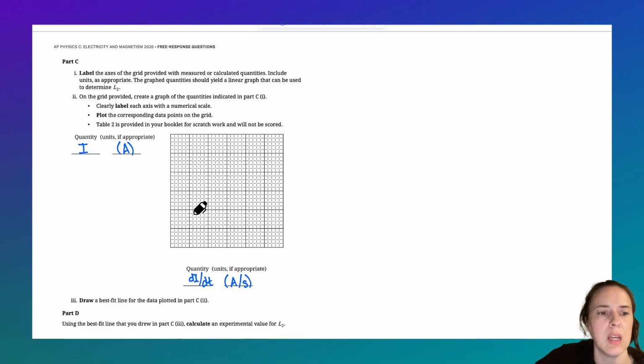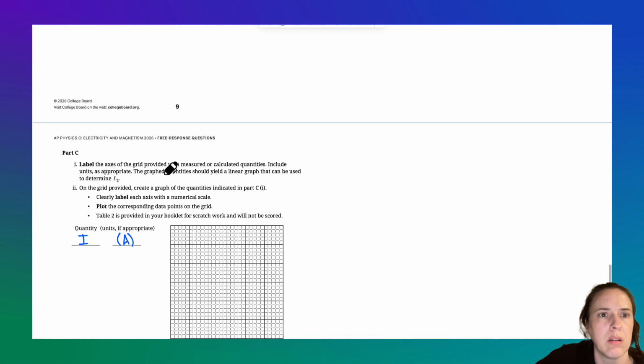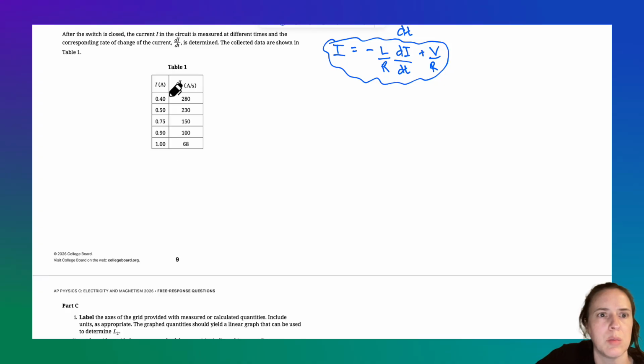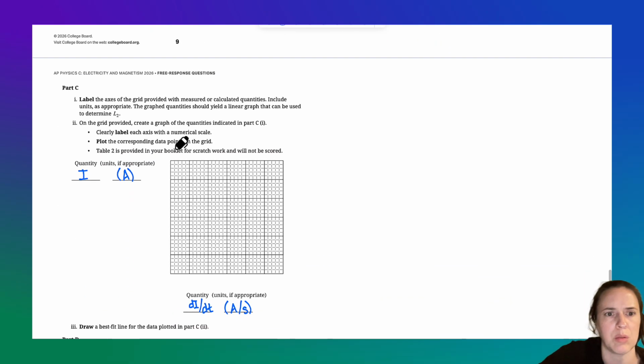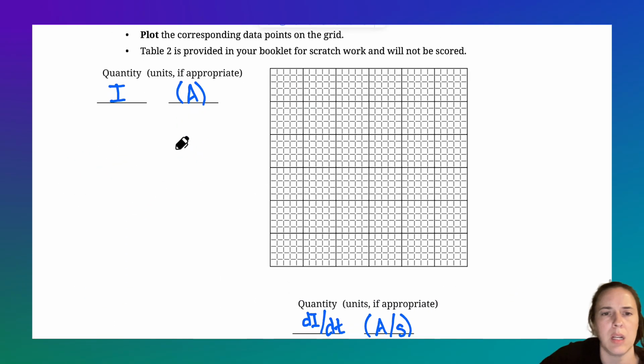Okay. Now my current y-axis goes between 0.4 and 1. And my di dt's go up to 280. So we need to scale these appropriately. So I need to go up to at least 1. So I can go by like 0.2, 0.4, 0.6, 0.8, 1, 1.2.